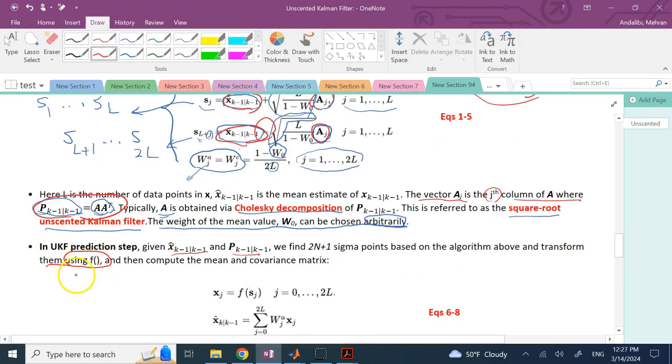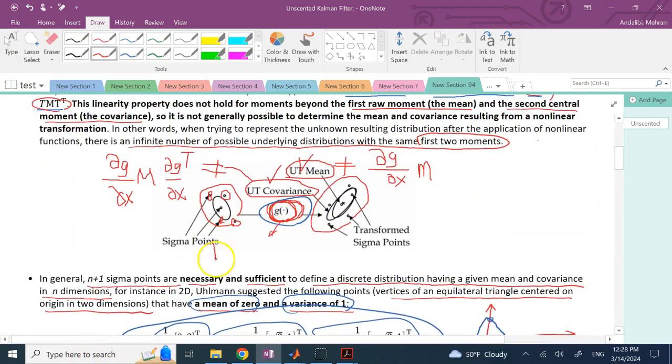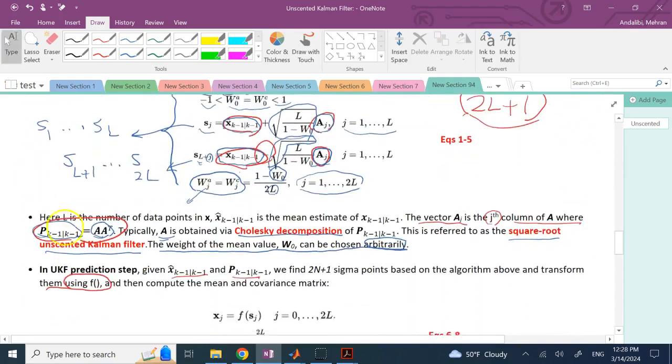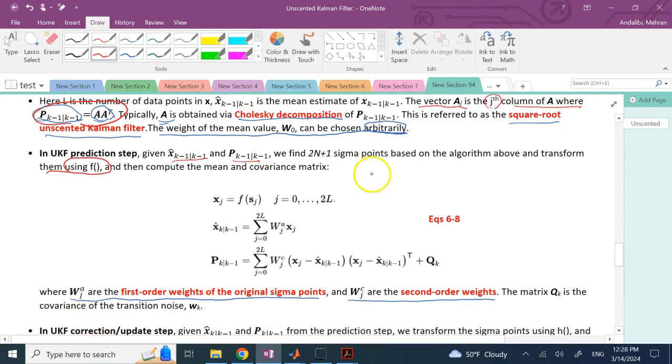F is the same as this g in this picture. Now that these S's are determined, pass them through this f, or g in this case, and get the new transformed sigma points, and then from them you compute the mean and the covariance matrix of these transformed sigma points.